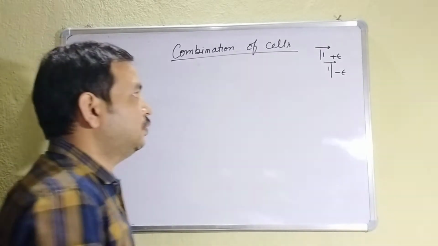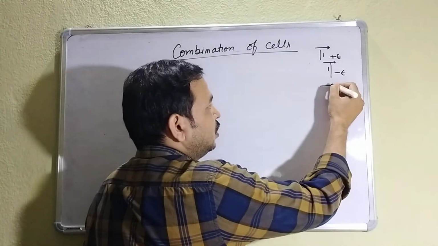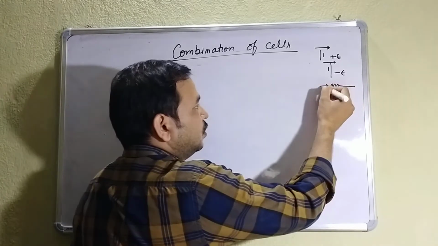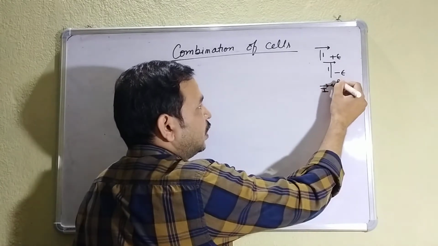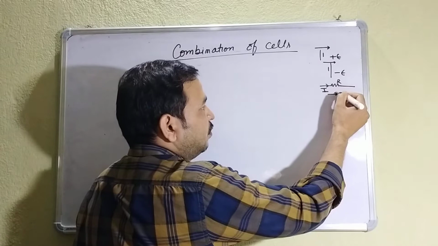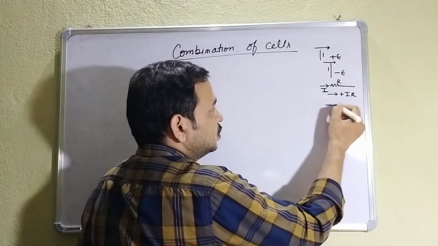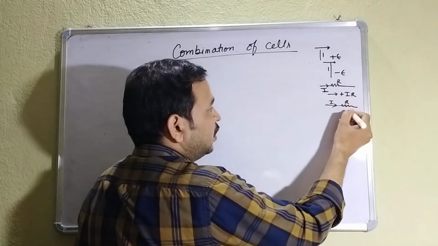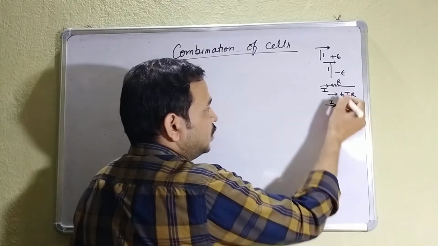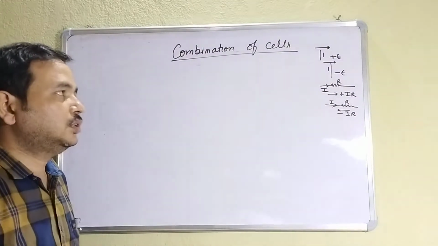I have already told you different teachers will tell you different techniques, or different books will give you different ways of writing. Suppose I have taken plus IR in the direction of current and minus IR opposite to the current, then you are taking the opposite of this rule.